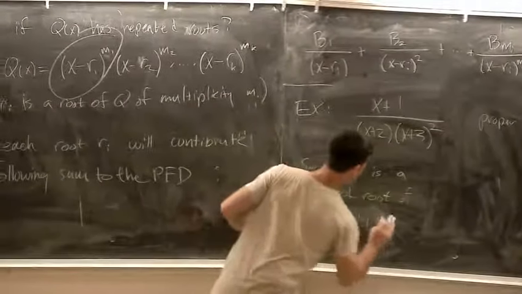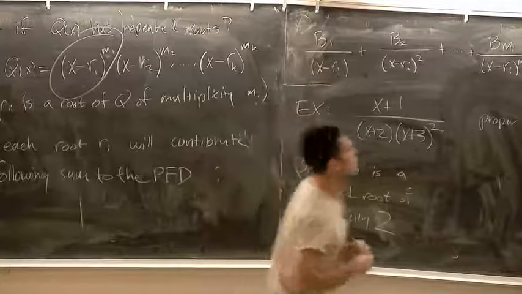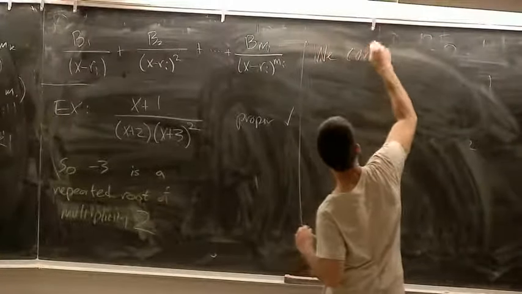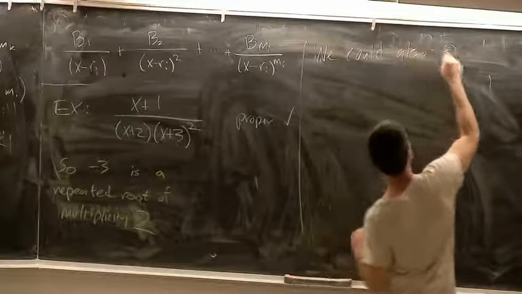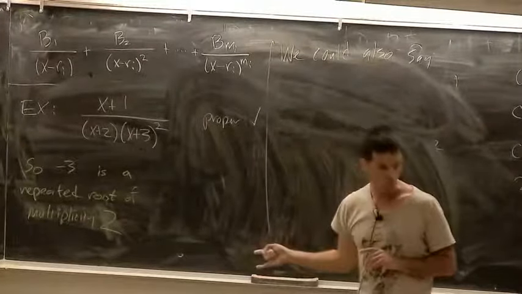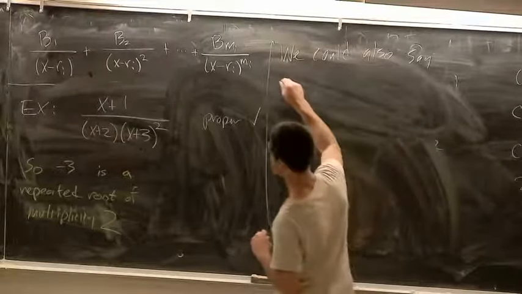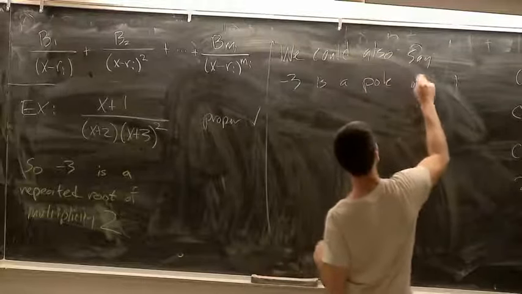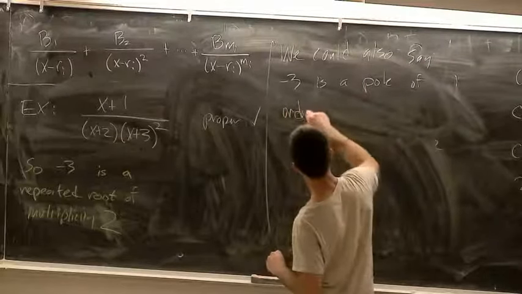We could also say it's a pole of order 2. So we can say negative 3 is a pole of order 2.